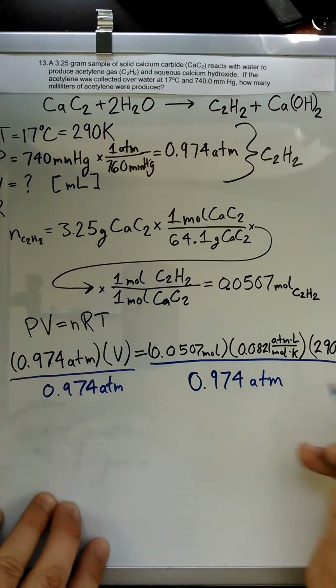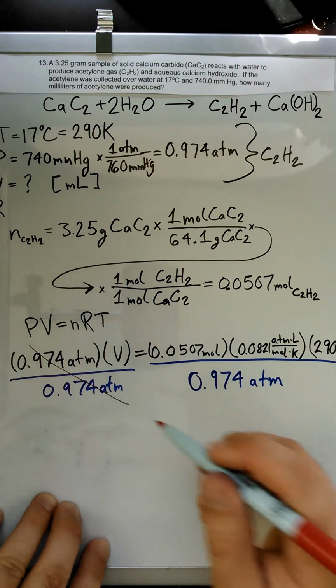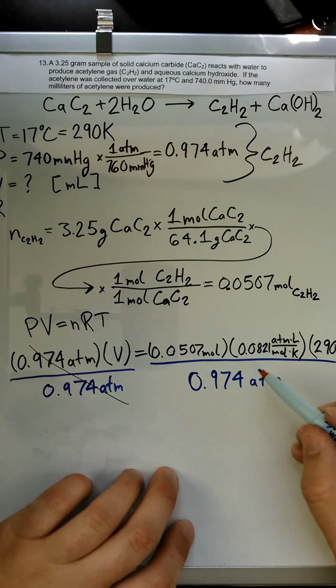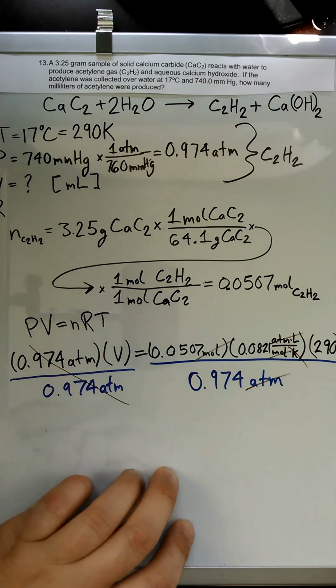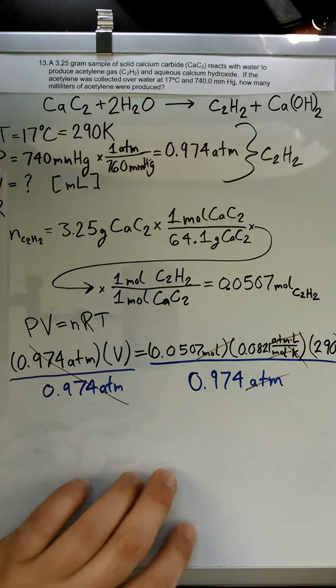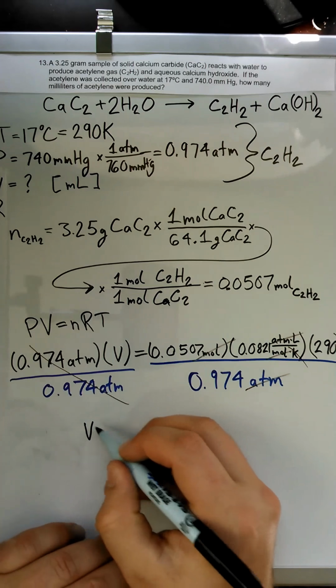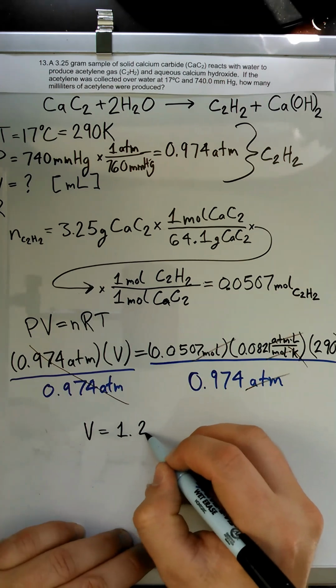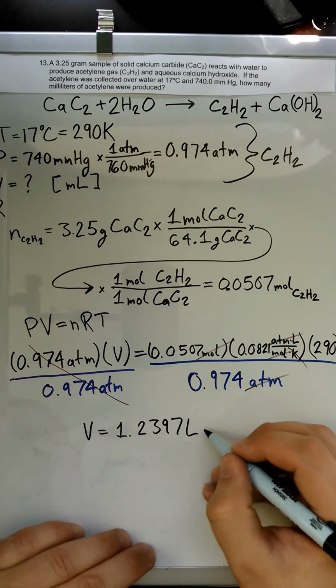Notice our units. We have to be particular of our units. Atmospheres cancels on the left. Moles per moles cancels. ATM over atmospheres cancels. Kelvin per Kelvin cancels. We have units of liters. Now this is important. When we multiply and divide, we're going to get a volume of 1.2397 liters. We convert that to milliliters.